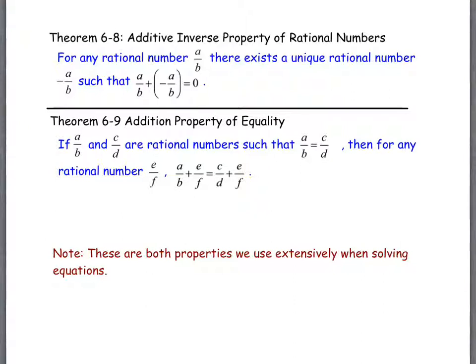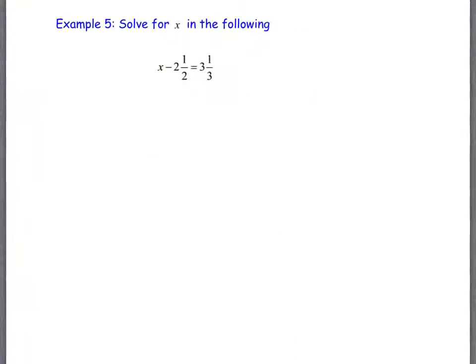So for instance, if we wanted to talk about your height, so if I stood up here and I had one of you guys stand next to me, then we both put on 2-inch heels, we'd still be the same difference in height that we were to begin with, right? Or if we were the same to start, we'd still be the same after we put on those 2-inch heels. All right, so that's all that this is saying. And so there's nothing in particular special about it, but we do use this property an awful lot when you get to solving equations. And we're going to do an example of that now with an equation.